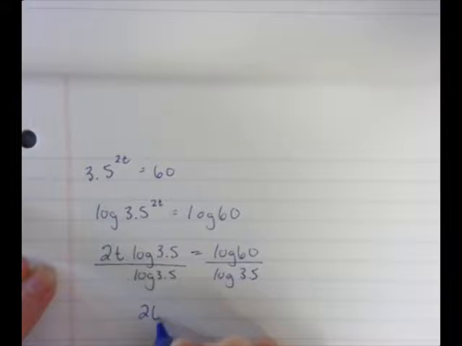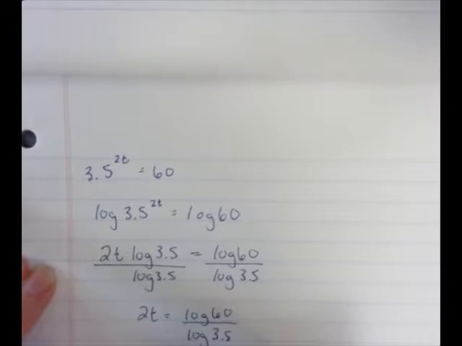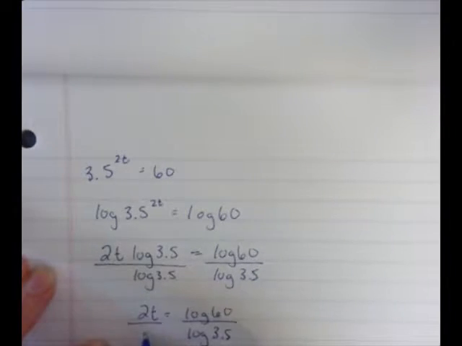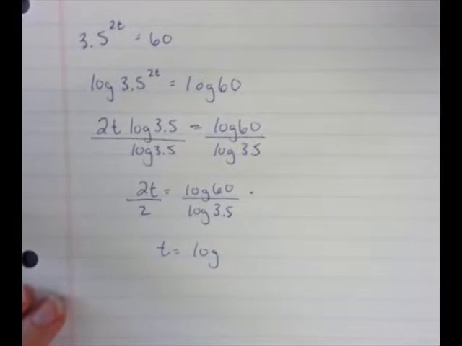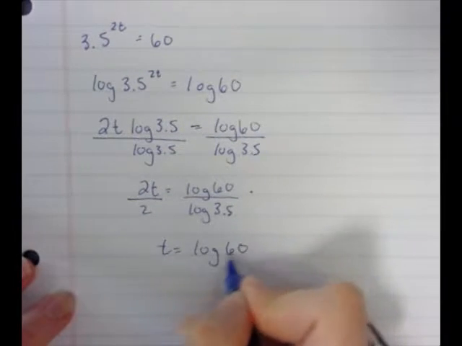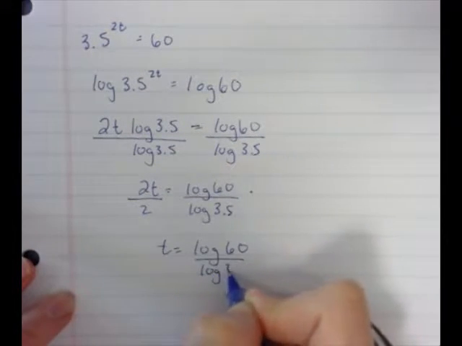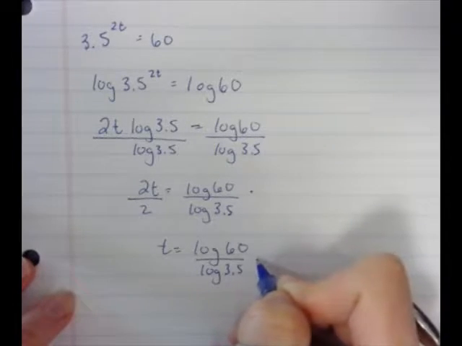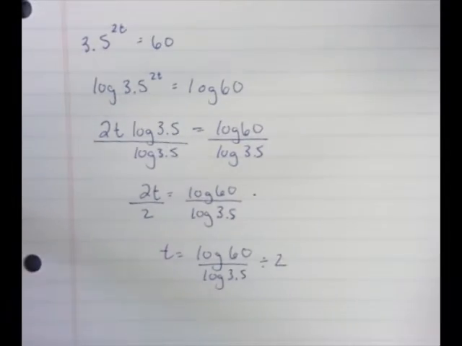So I get 2t equals log 60 over log 3.5. And in order to get this correct, I'm going to divide everything through by 2. So t is going to equal log 60 over log 3.5, and then divided by 2. Okay?